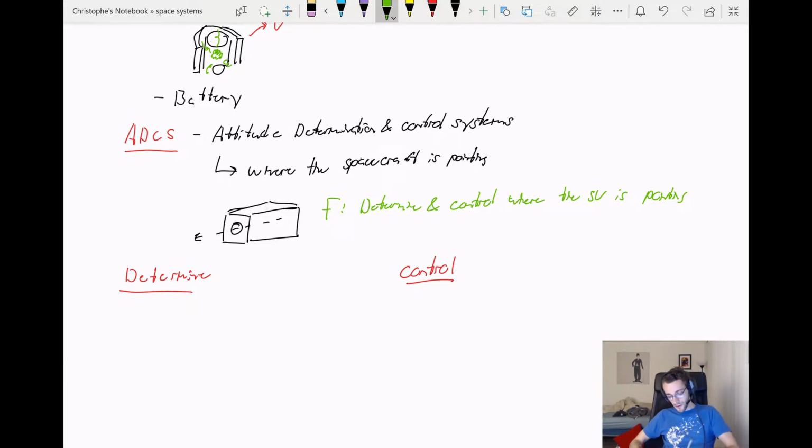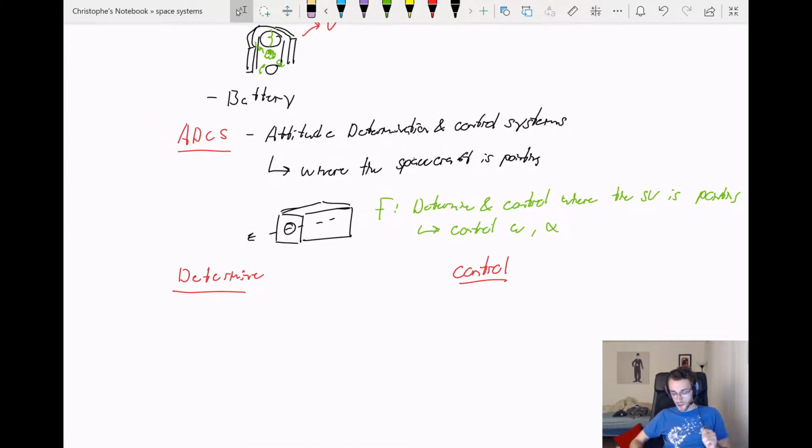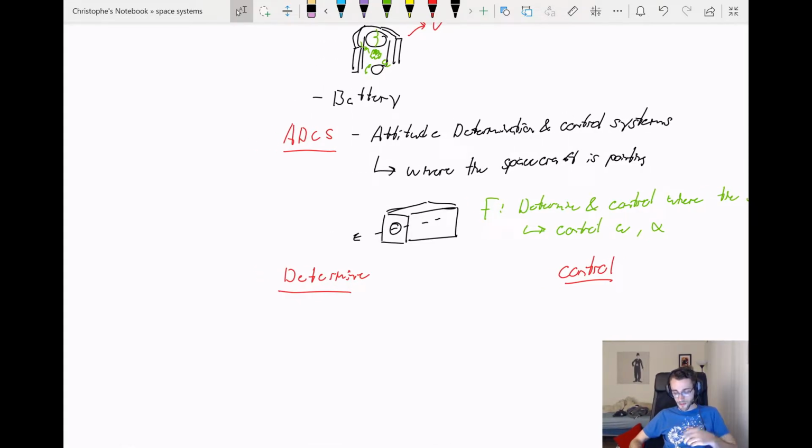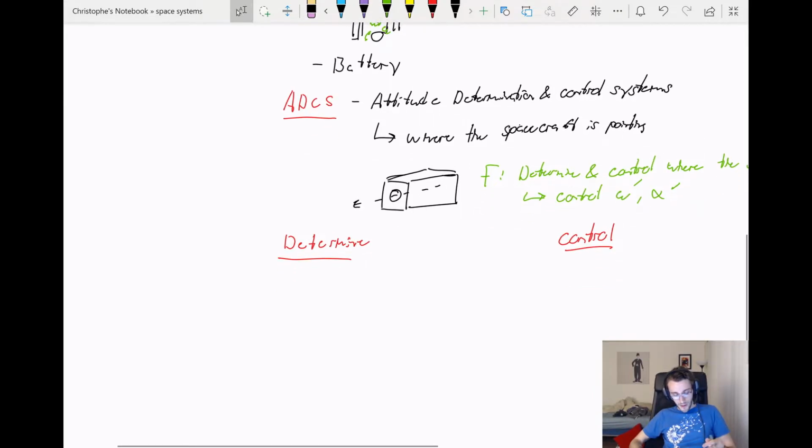So you can also control your angular velocity or angular acceleration. Those are the symbols omega and alpha, respectively: angular acceleration alpha and angular velocity omega.